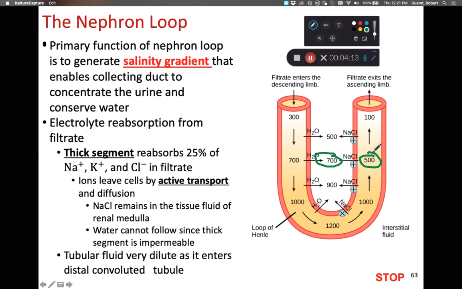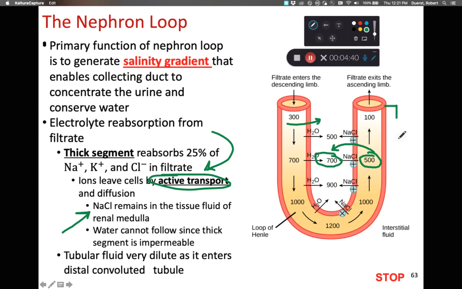So we're moving sodium chloride to an area of higher concentration, against the gradient, which means we have to have active transport to move it there. This active transport will keep the concentration of sodium chloride in the tissues of the medulla elevated, so that we're always pulling water out of the filtrate and not letting water go back in.